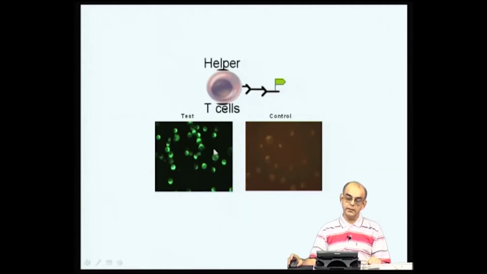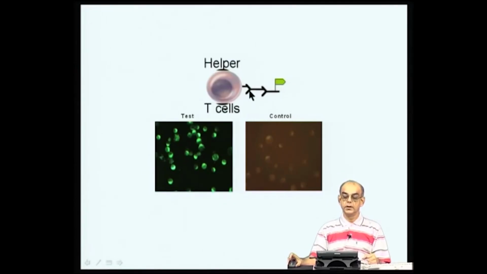For example, in helper T cells, there is a marker called CD4. CD stands for cluster of differentiation. That is depicted here in the small line. This can be detected by anti-CD4 antibodies, which in turn can be detected by fluorophore-conjugated antibody molecules.